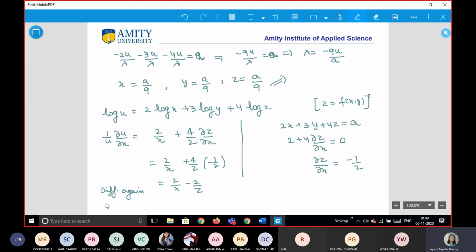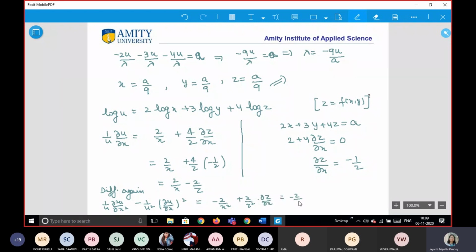You will get 1 by u del 2u by del x square minus 1 upon u square del u by del x whole square is equal to minus 2 by x square plus 2 by z square del z by del x.